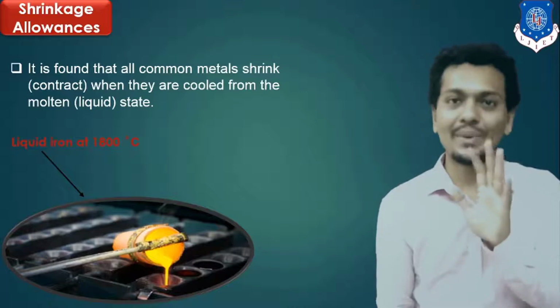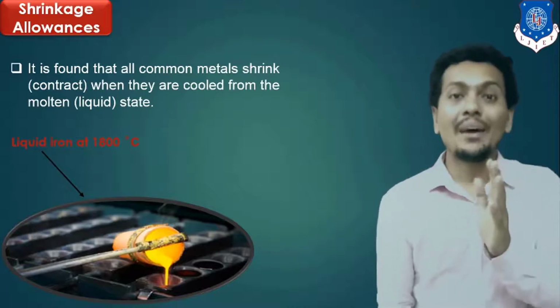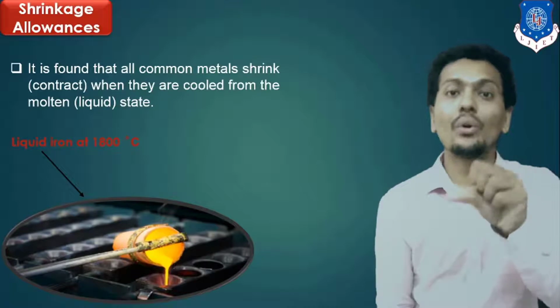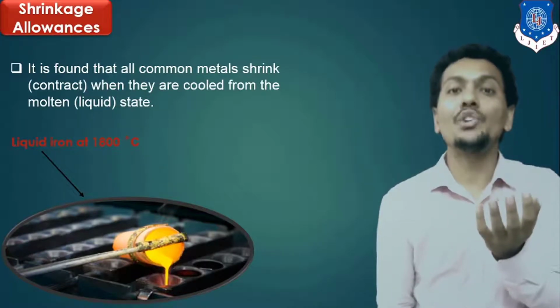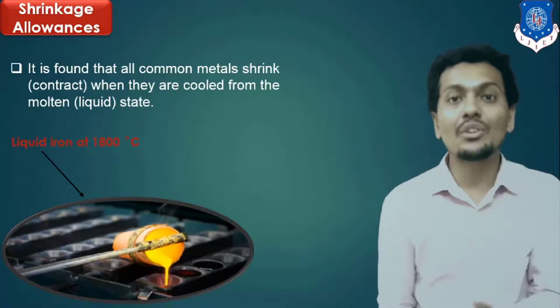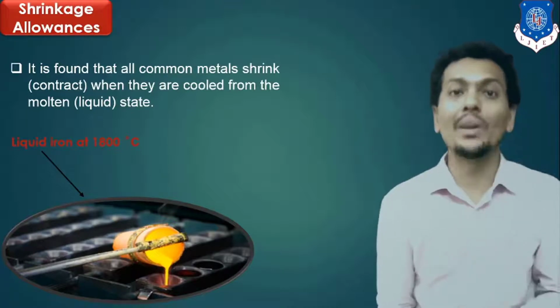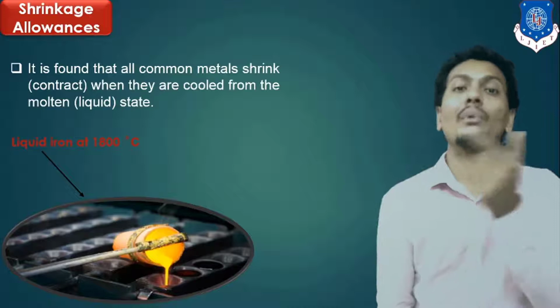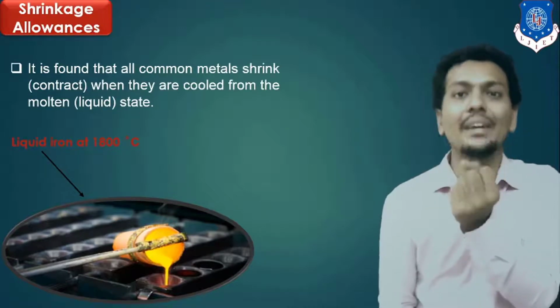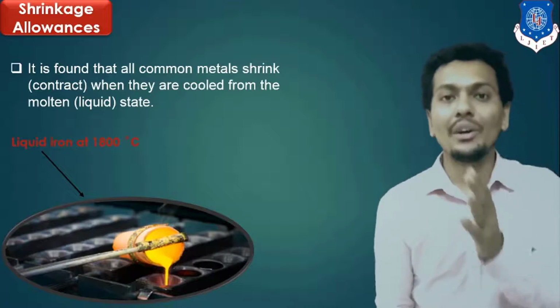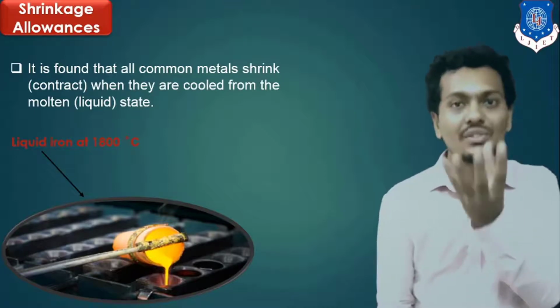What happens if we pour the liquid metal in the cavity? It will come to room temperature gradually, and during this cooling process your material will shrink or contract, becoming lesser in dimension.